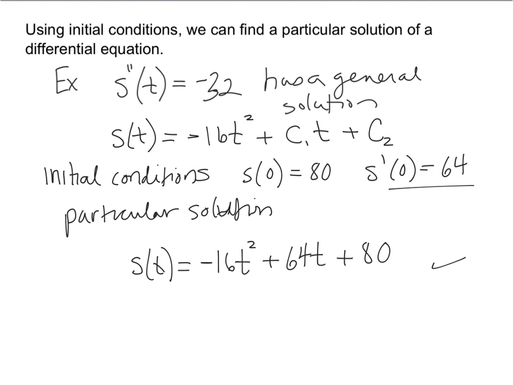And so this would be my particular function that, when I took the derivative and took the derivative again, would end up with my second derivative, which was negative 32.